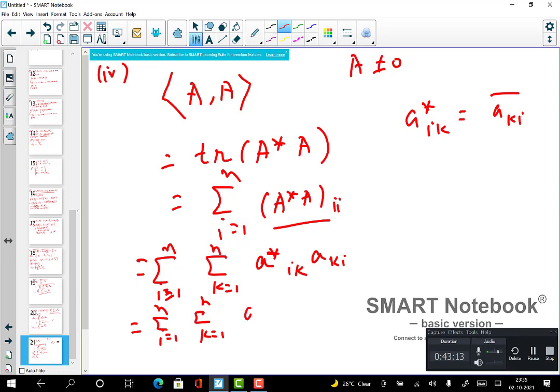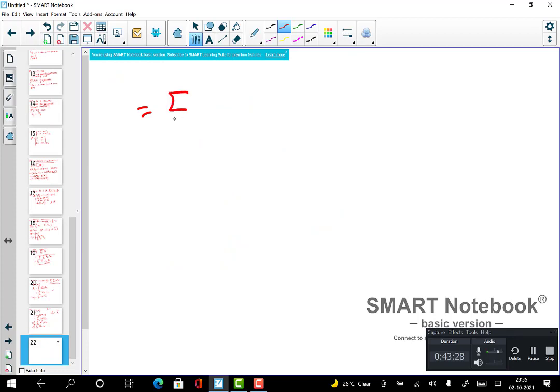So this is a k i bar, and then a k i. Now, if a complex number times its conjugate is nothing but the mod of that squared, right? So that tells you that this sum is nothing but the sum over i equal to 1 to n, sum over k equal to 1 to n, mod of a k i whole squared, right?